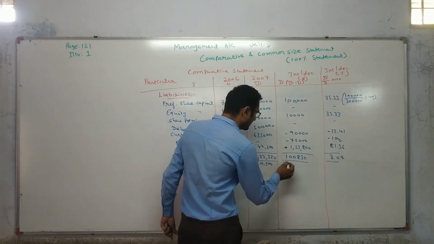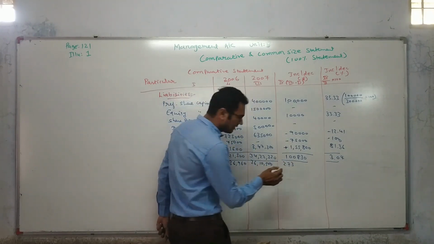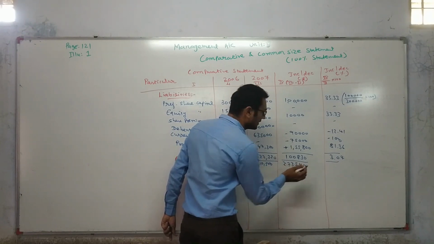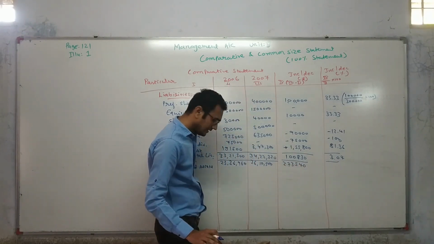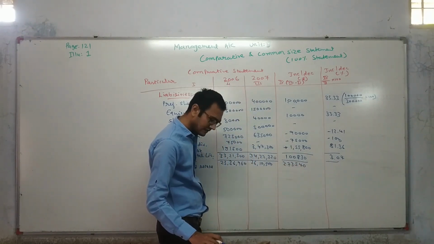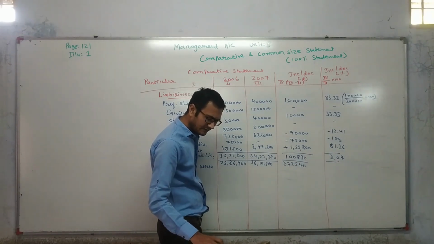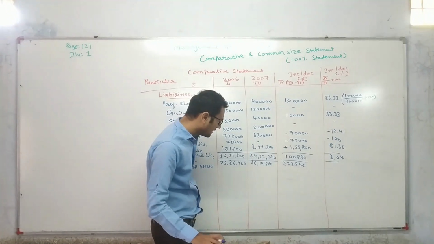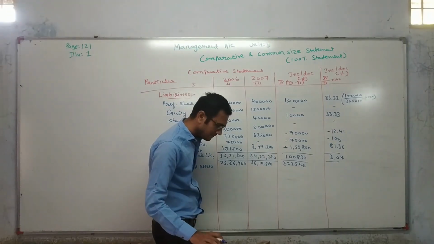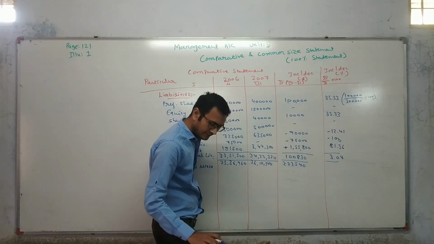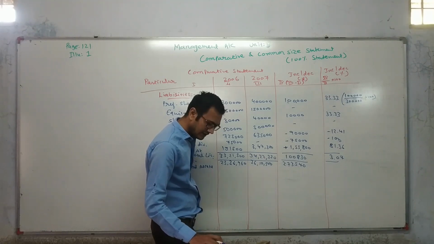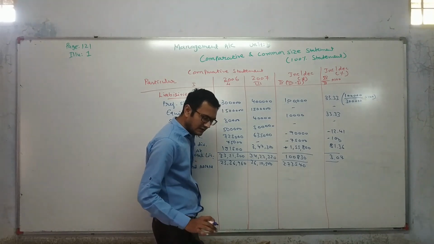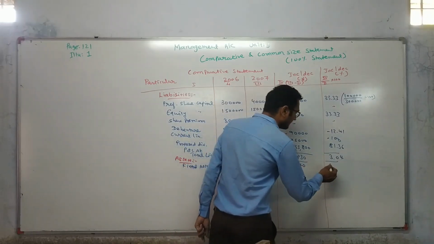So difference 2,73,540 rupees divided by 23,36,960 into 100. So you will get the percentage 11.7.